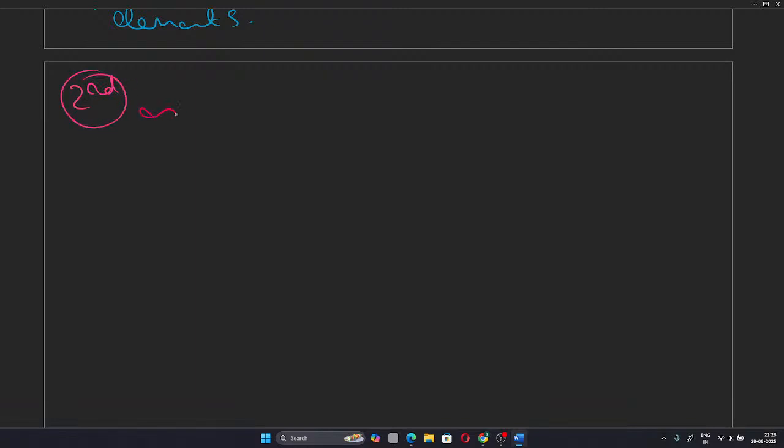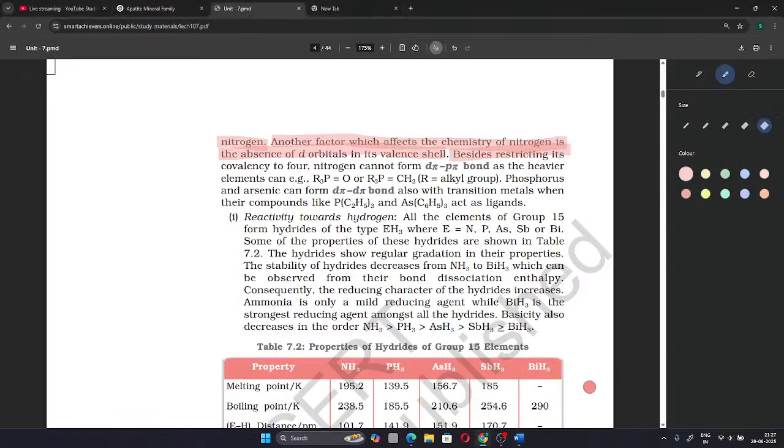Second anomaly: lack of d orbitals. Besides restricting its covalency to 4, nitrogen cannot form d pi and p pi bonds as the heavier elements can.